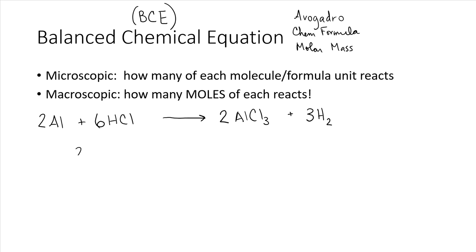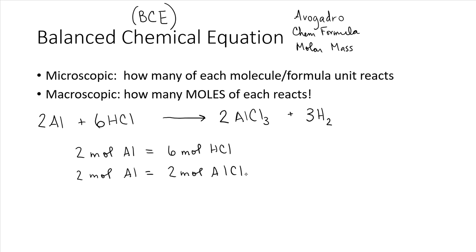What this means is that 2 moles of aluminum reacts with 6 moles of hydrochloric acid. So we can go reactant to reactant. We can say that 2 moles of aluminum forms 2 moles of aluminum chloride. You can go reactant to product.